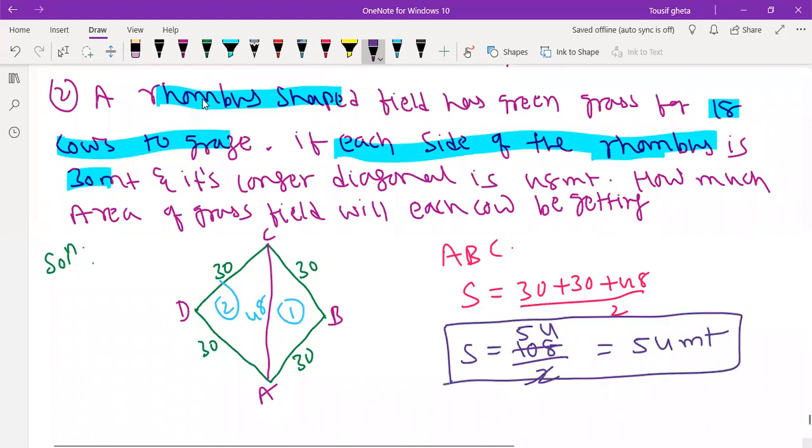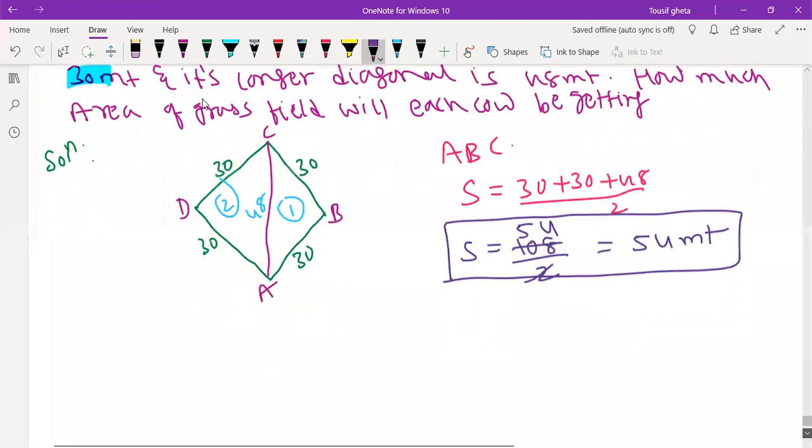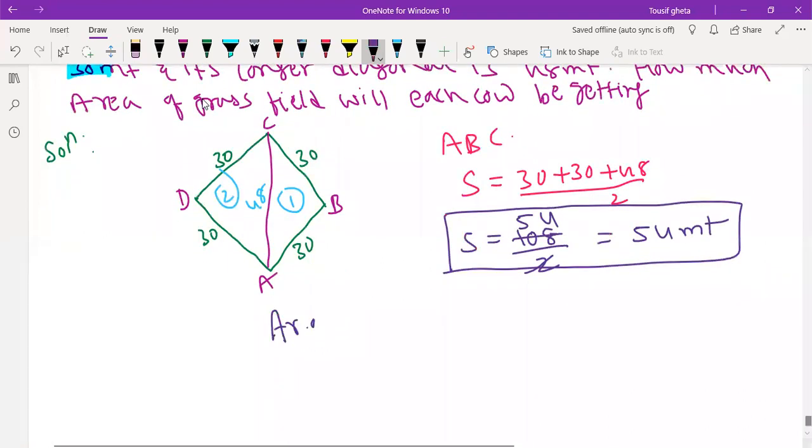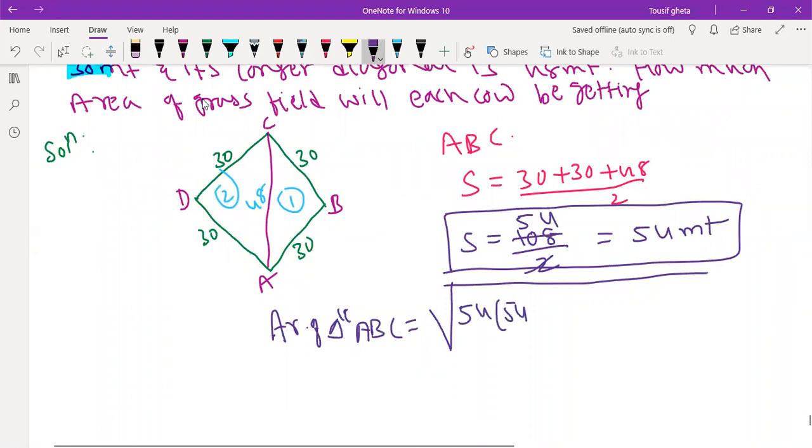Now we can find out the area by using Heron's formula. So area of triangle ABC is equal to root of the formula. You all know it, so I'm not going to write the formula. 54 into (54 minus 30), again (54 minus 30) because two sides are equal, and this is the diagonal, (54 minus 48).